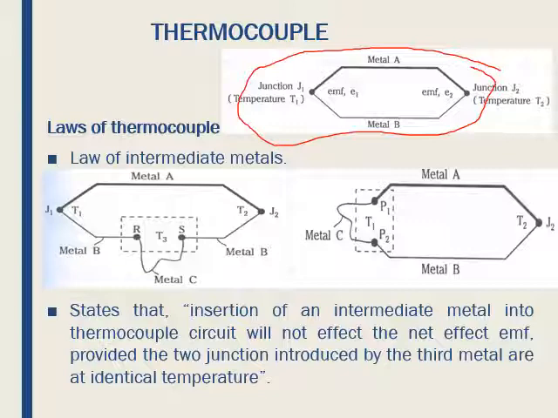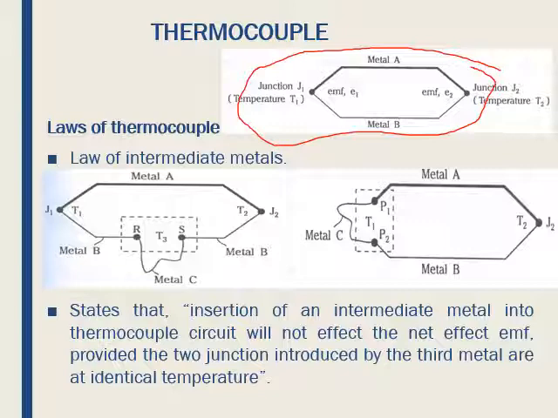If the temperature of both the junctions is the same, equal and opposite EMF will be generated at both the junctions, and the net current flowing through the circuit is zero. If the junctions are maintained at different temperatures, the EMF will not become zero, and there will be a net current flowing through the circuit.